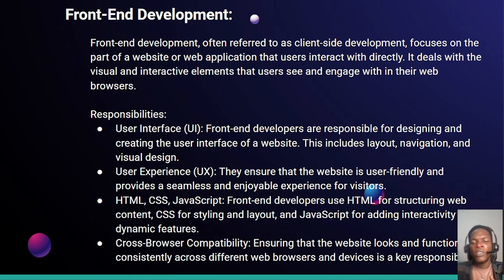You have cross-browser compatibility. The front-end developer ensures that the design shows well, just like I said about responsiveness, that when you open a particular website on your phone and your system, it comes out well in layout. Same with cross-browser compatibility. There is some coding that works for the Chrome browser, let's say you are styling.